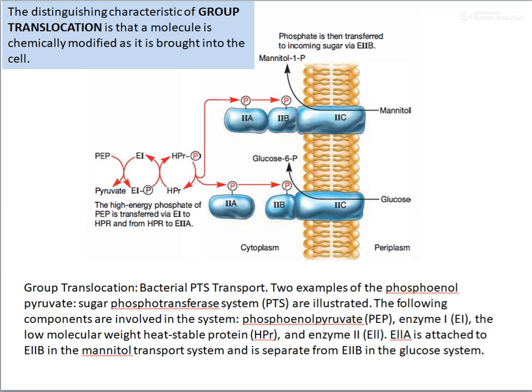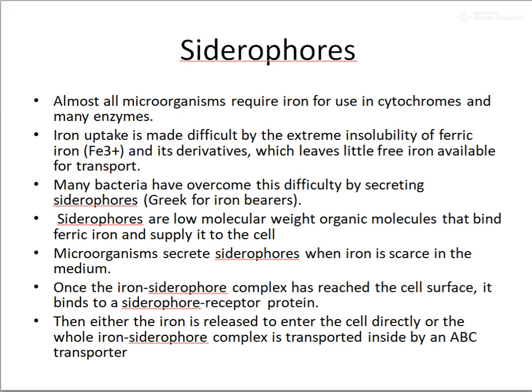The next type of transfer that we have is the case of siderophores. Siderophores are the main carrier proteins involved in the transport of iron in organisms. Microorganisms use cytochromes and various enzymes for the transport of iron.